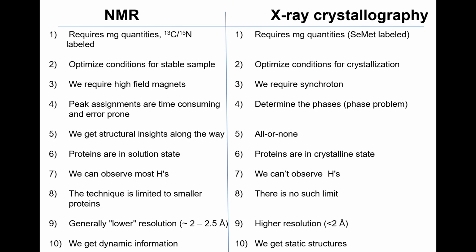Now, for X-ray crystallography, not only is the formation of the crystal important, obviously that is the first step, but you also need a higher intensity X-ray source like the synchrotron to get higher resolution structures of your proteins.